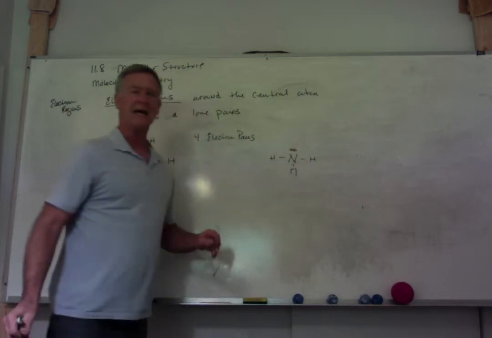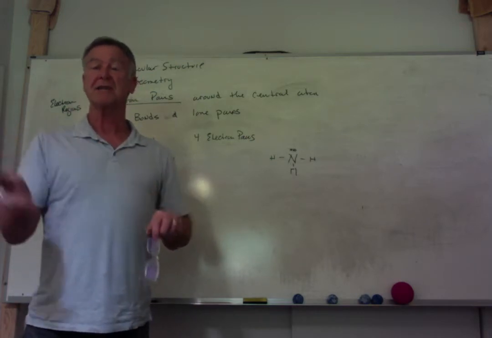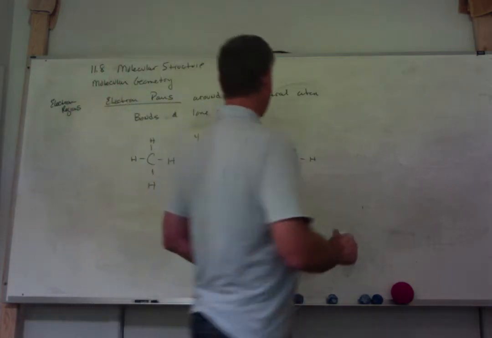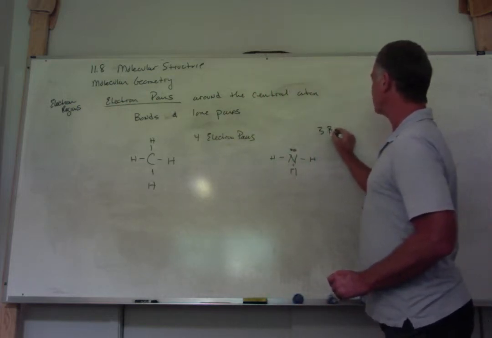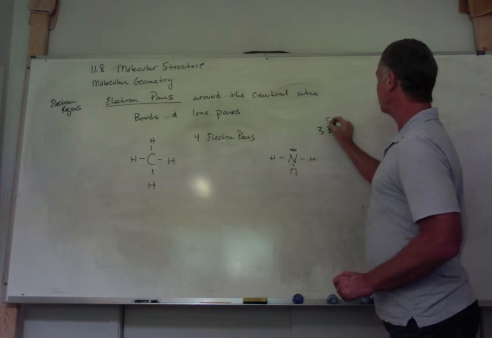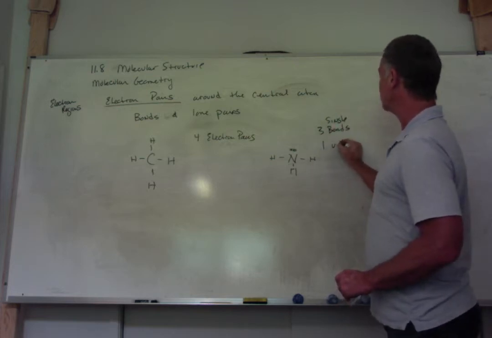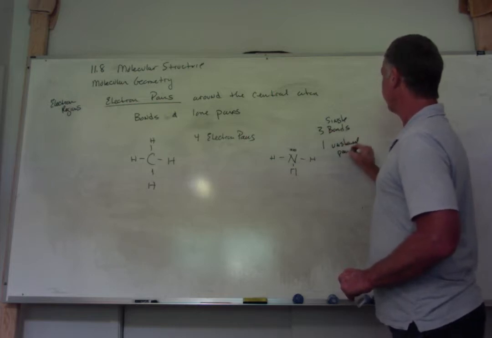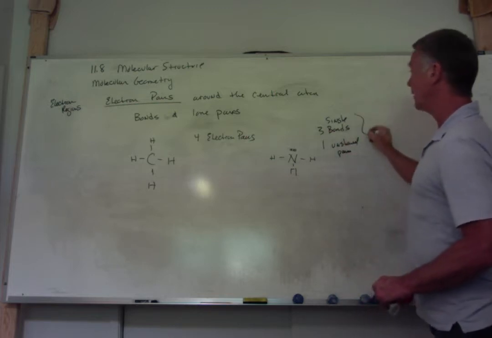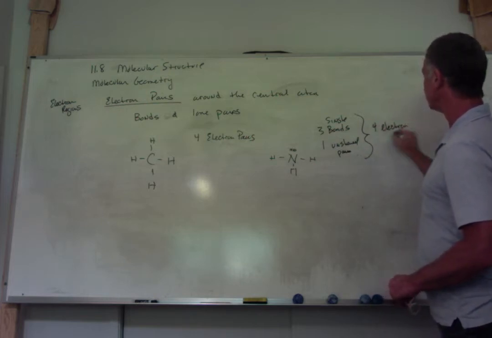But if you did the valence shell, the dot structure, the Lewis structure is what I'm trying to say, this is what we'd have. In this case, I have 3 bonds, and those are actually 3 single bonds, and 1 unshared pair, or 1 lone pair. But what we would say is this has 4 electron pairs.